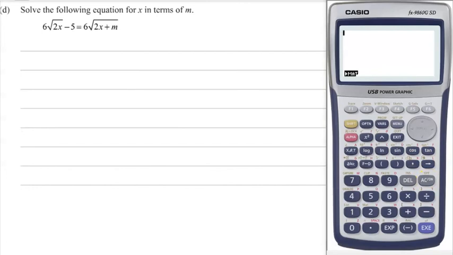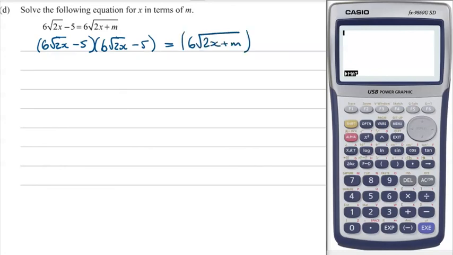Right, part D, solving for x in terms of m. Let's start by squaring both sides. So we will have 6 root 2x minus 5 times 6 root 2x minus 5. And I'm writing the whole thing out in full to make sure that we don't miss anything, because it's easy to miss pieces on this.